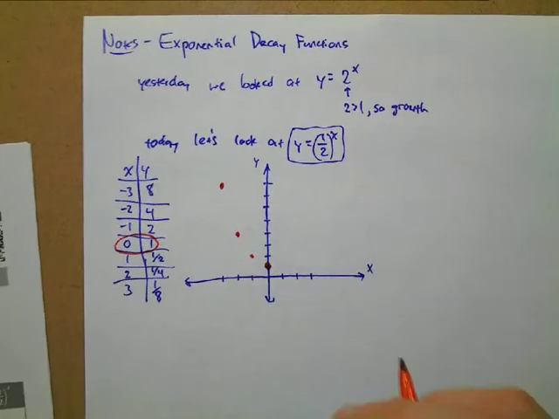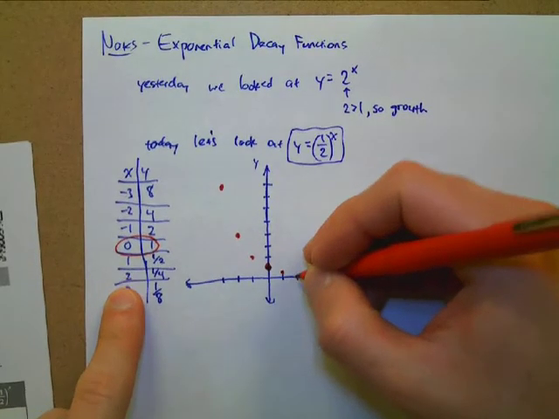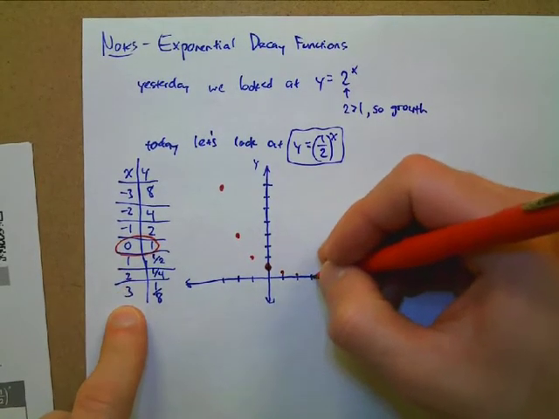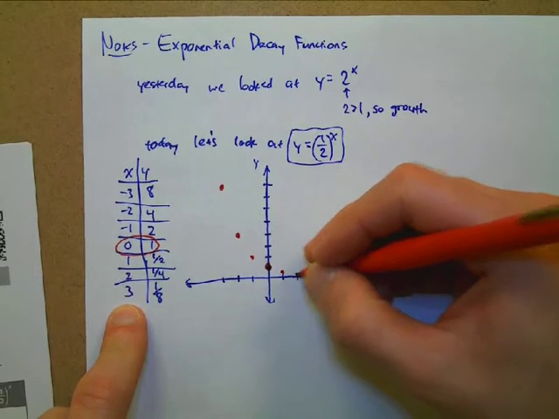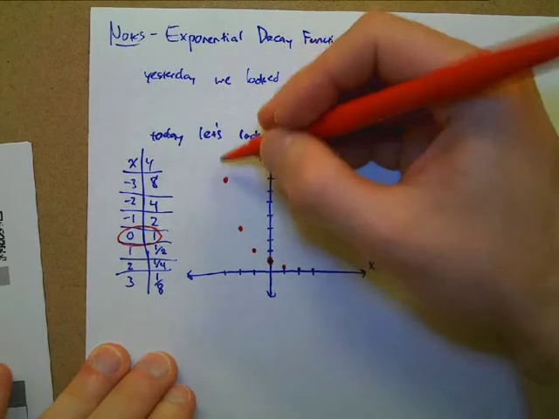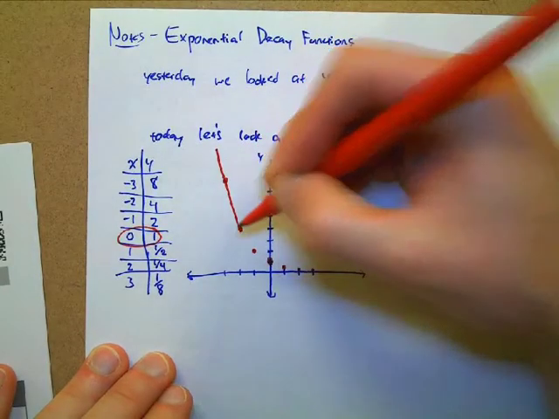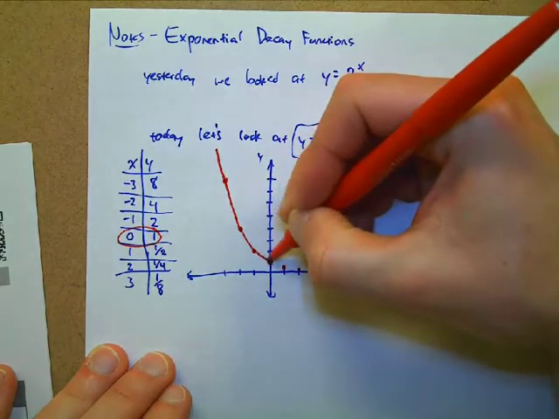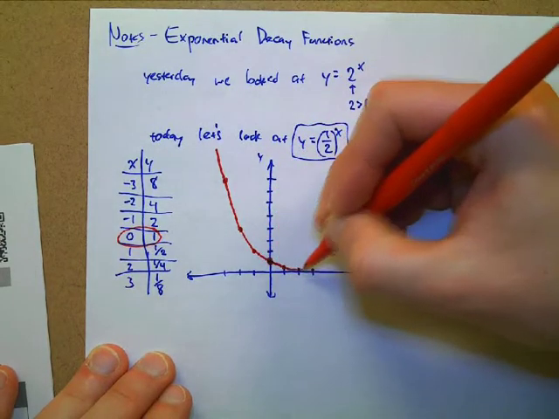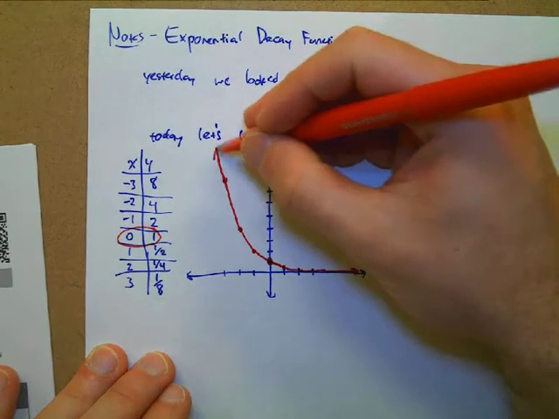That's the important point we want to keep. Then 2, 1/4, and 3, 1/8. I'll connect those dots, something like that.